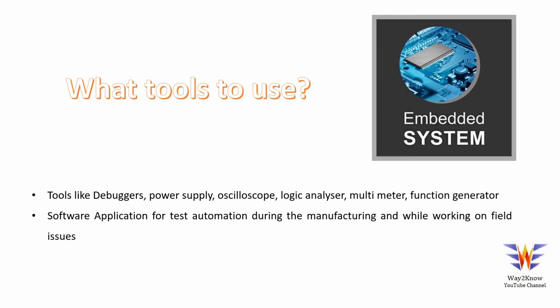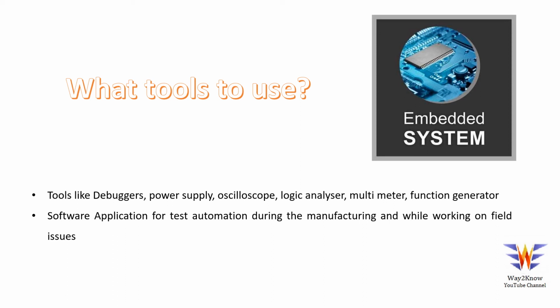So the major tools could be the test equipment, and then definitely the IDE, debuggers, and JTAG, which are part of the microcontroller or processor which we use, and then the PCs, and adding to that the software application which is developed specifically for this project to automate the tests.